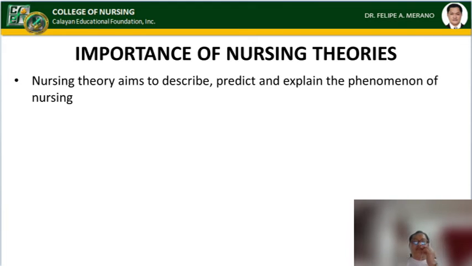So, the importance of nursing theories. Nursing theory aims to describe, predict, and explain the phenomenon of nursing. So it helps us to explain certain ideas or phenomena in nursing.